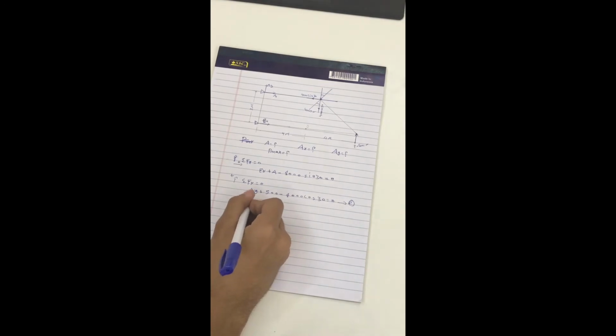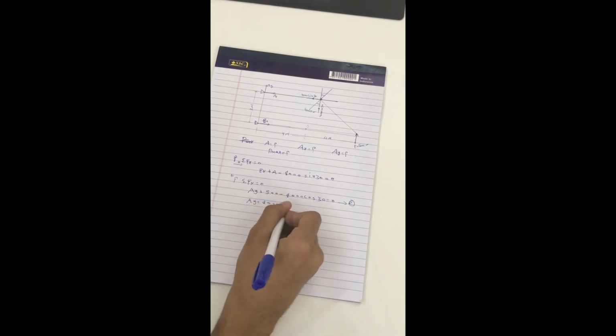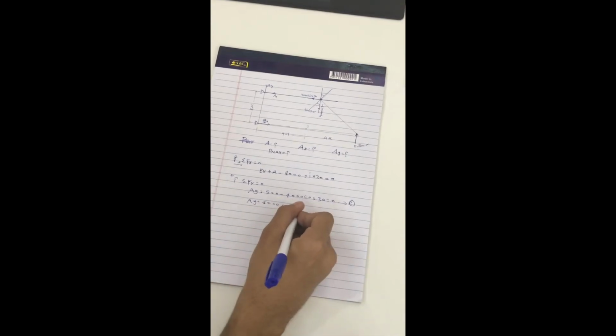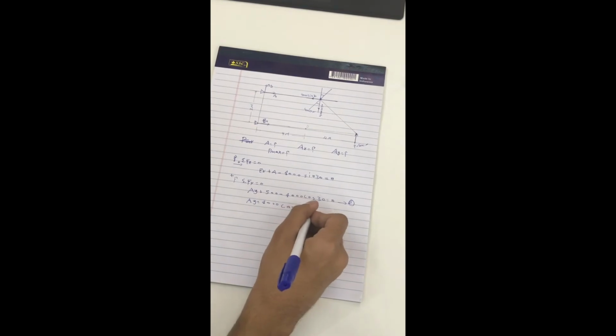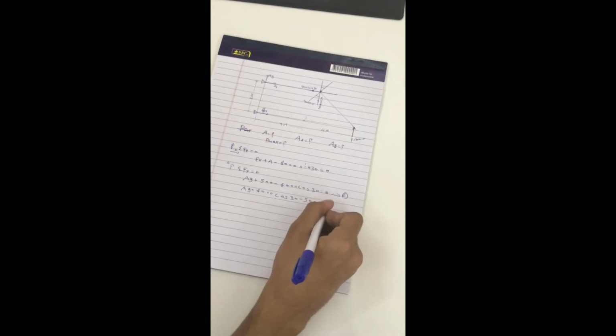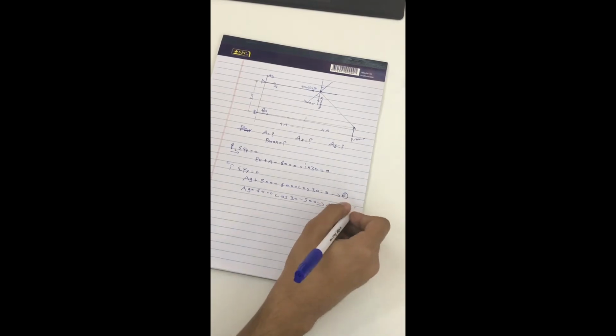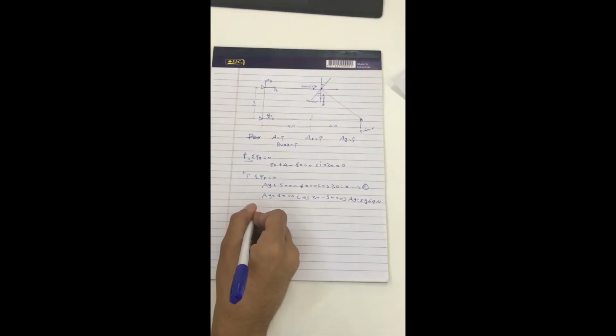So AY equals 4000 cosine 30 negative 500. So AY equals 2964 Newton.